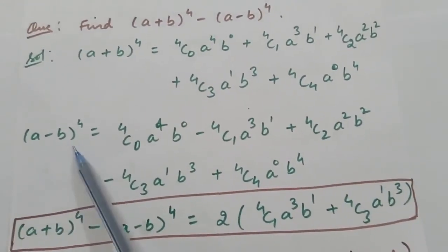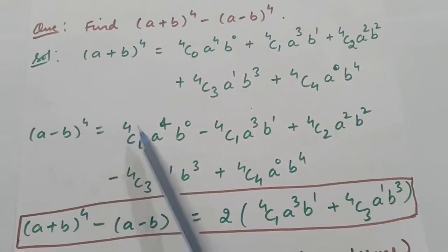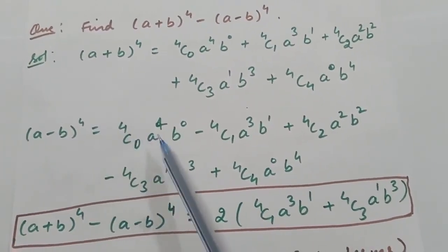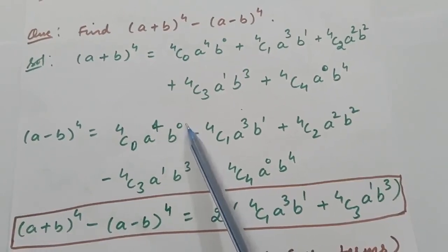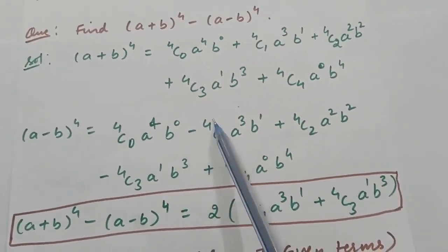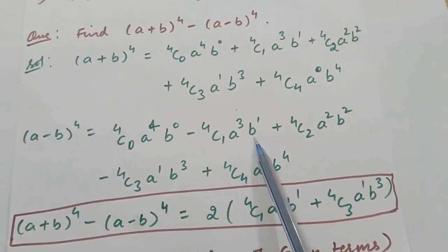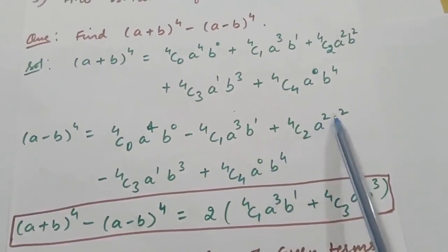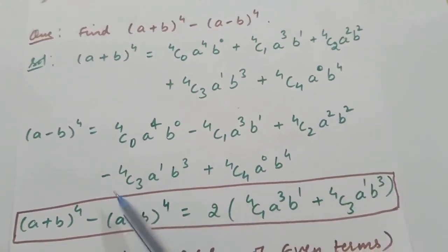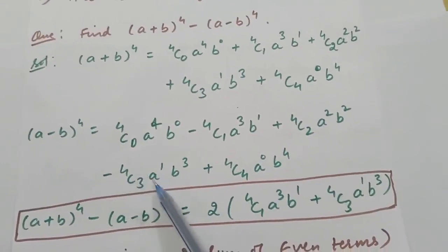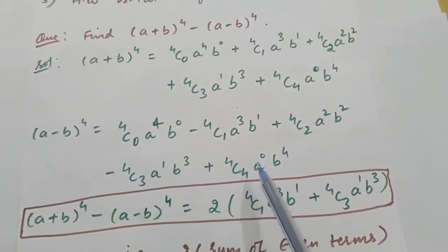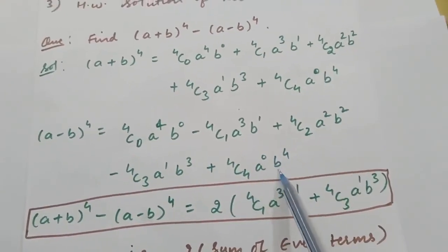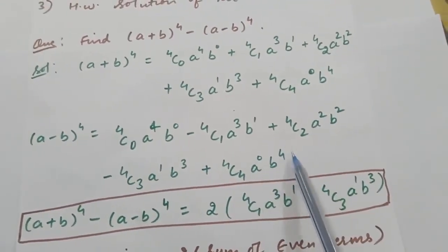Now (a - b)^4 will be 4C0 a^4 b^0 - 4C1 a^3 b + 4C2 a^2 b^2 - 4C3 a b^3 + 4C4 a^0 b^4.